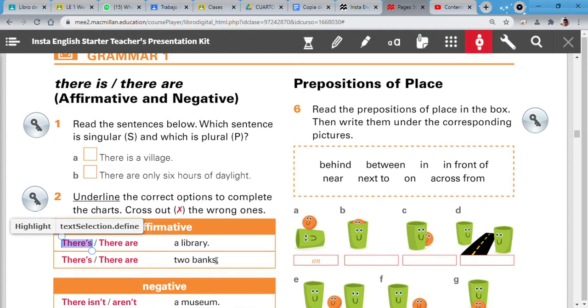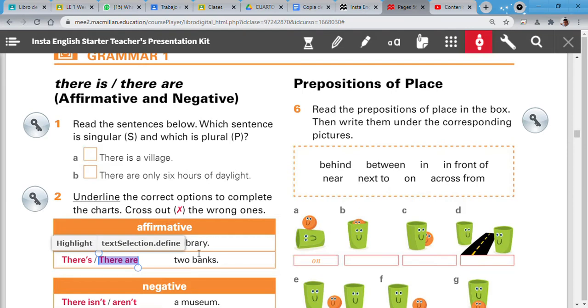When it's plural, you add letter S, like in Spanish. If singular is there is, plural is there are. There are 2 banks. There are 2 teachers. There are 2 books. Remember, letter S.